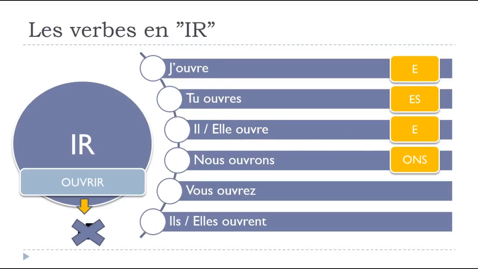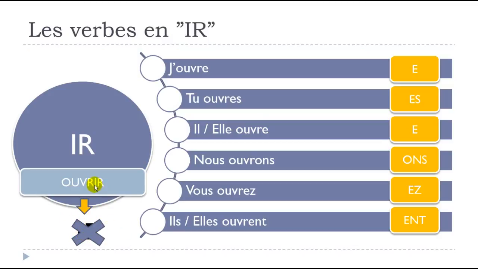And then for nous, the classic ending, ons, ouvrons, nous ouvrons, and then for vous, classic ending ez, vous ouvrez, il, elle, classic ending ent, ils ouvrent, elles ouvrent. So it's actually not that difficult if you think about this little thing.